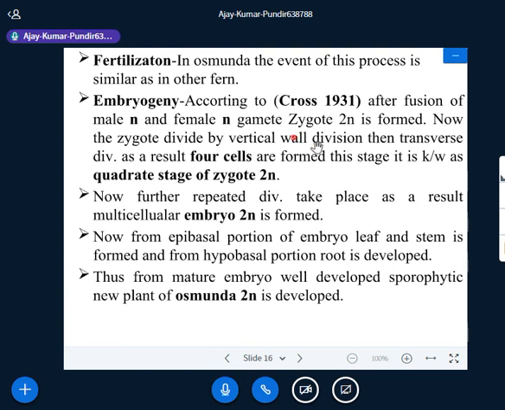Now the zygote divides by vertical wall division and then transverse wall division to produce 4 cells. मैंने सब आपको बता दिया. Now with further repeated division the embryo forms. Now from the epibasal portion of the embryo, leaf and stem are formed, and from the hypobasal portion, root is developed. Thus from the mature embryo, a well developed sporophytic 2n new plant of Osmunda, which is diploid, is developed.